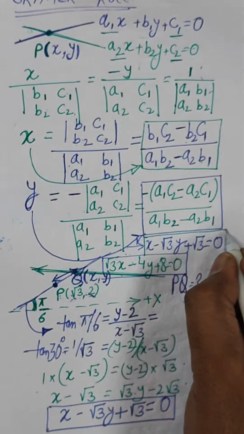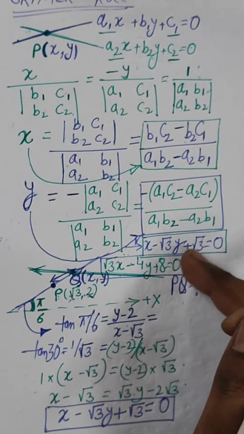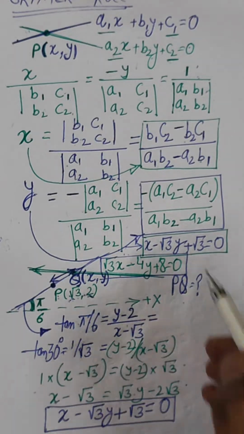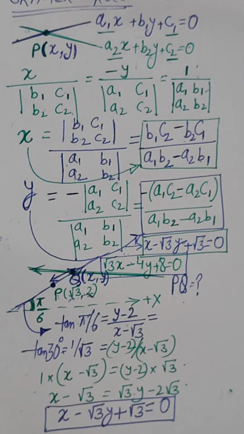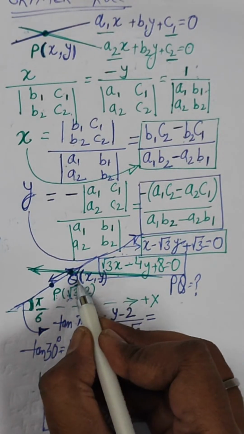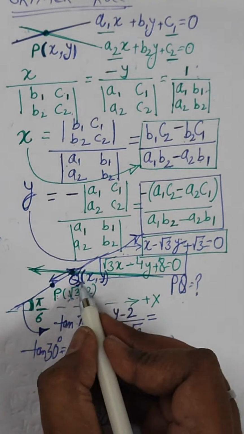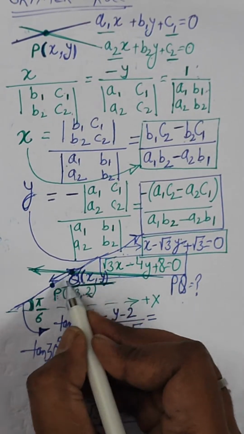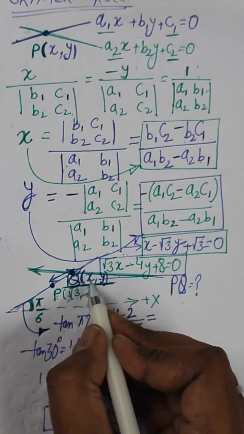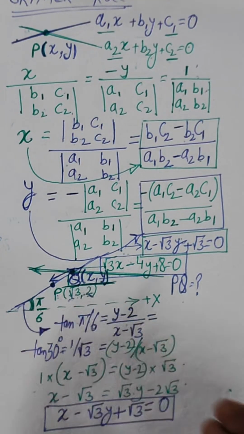And this is the second equation. So these two lines are available with us, and for these two lines we need to find the point of intersection, that is Q. Q is the point of intersection, right? You can see here, this Q is the point of intersection that we need to find.